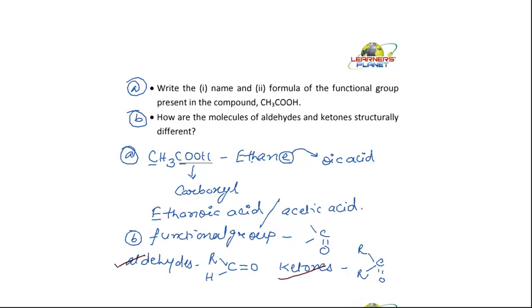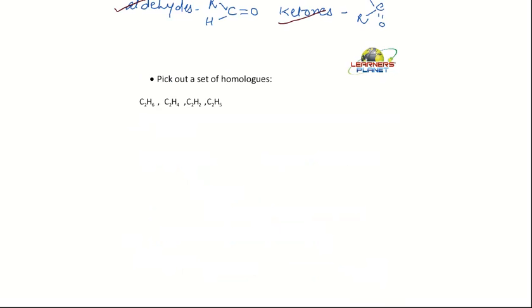Now students, here in the place of alkyl group, you can place either methyl or ethyl or propyl. Any alkyl group can be there. And what is an alkyl? An alkane from which one of the hydrogen has been removed. Now the question is, pick out a set of homologues. What are homologues? These are arranged in a series and between two homologues there is a difference of CH2.